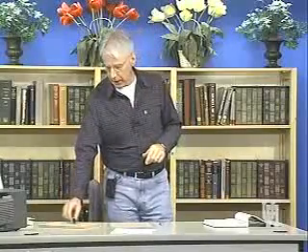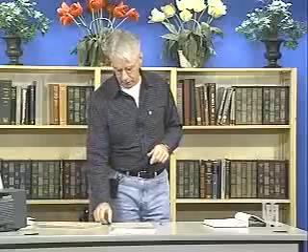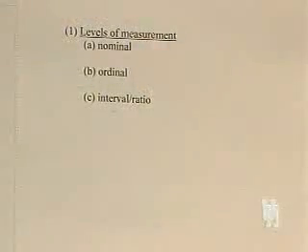Ordinal level data, because you can manipulate them in some way, are more useful than nominal level data. But as you will see, less useful than interval ratio level data. And let me talk about interval ratio level data.